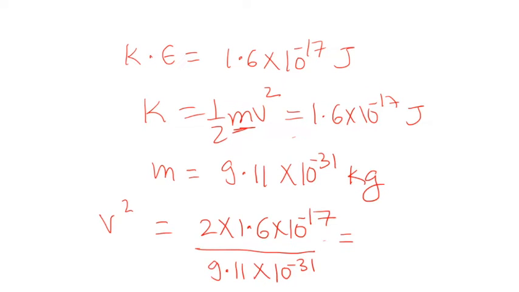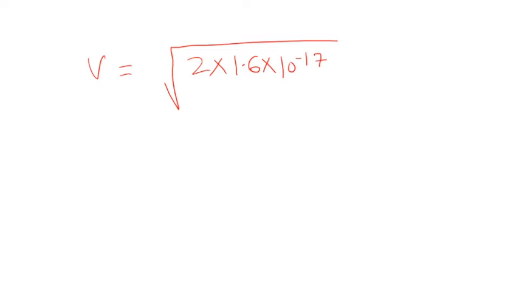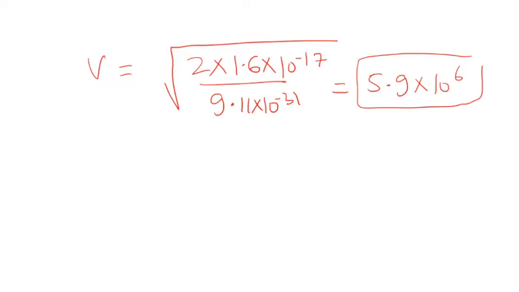When you solve this whole thing and take the square root, 2 into 1.6 into 10 to the power minus 17 divided by 9.11 into 10 to the power minus 31, this comes out as 5.9 into 10 to the power 6 meter per second. Okay, so this is how you solve the first part.